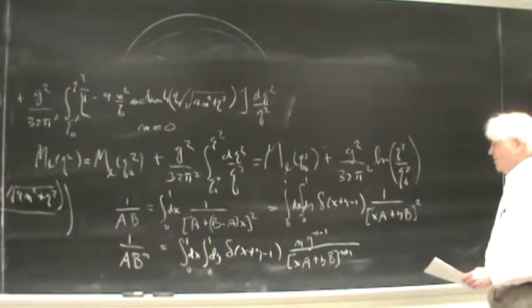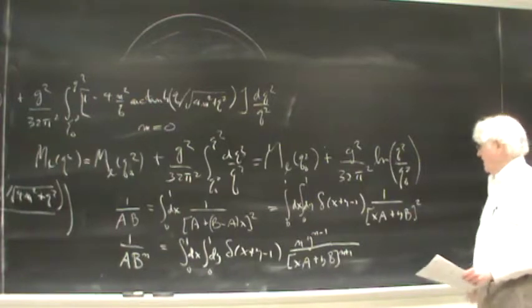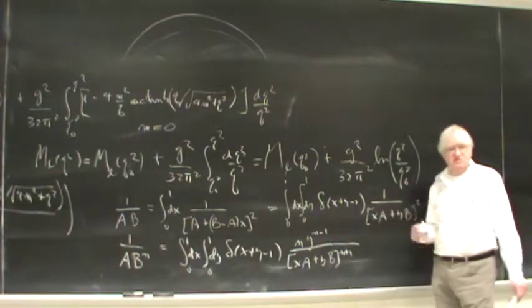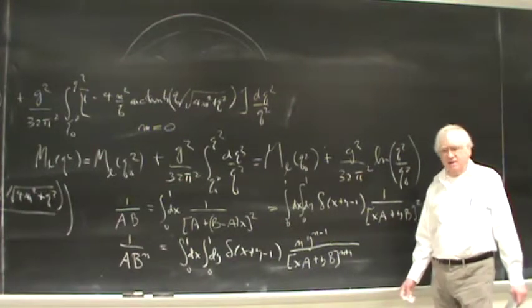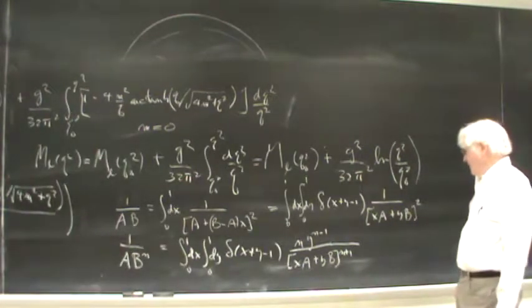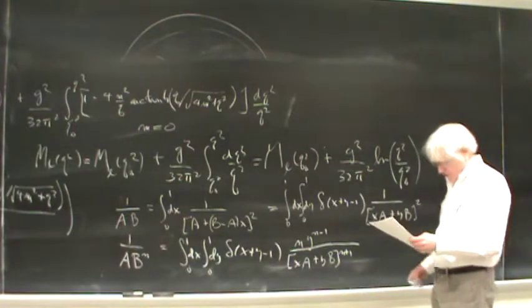And I suppose you can actually derive this from that by just differentiating with respect to capital B, I would think. Isn't that right? So that's one way of doing it.